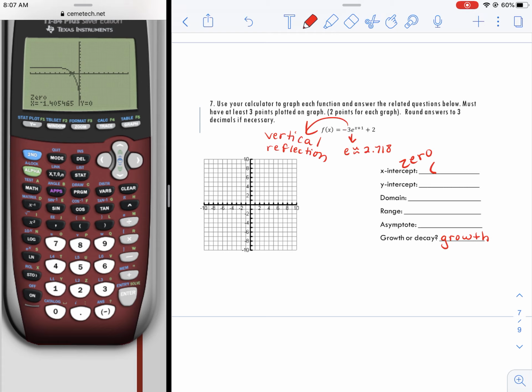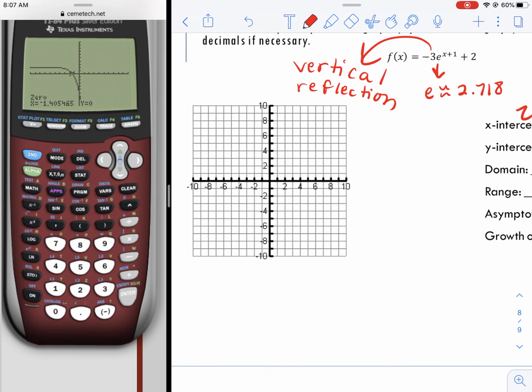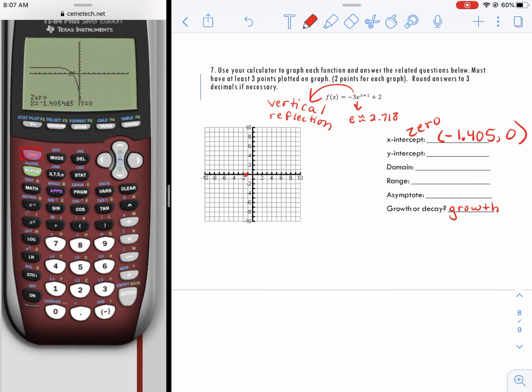Okay, we're going to round to 3 decimals, it says, so the x-intercept is -1.405, comma 0. Okay, so some of you keep saying there's no x-intercept, but if you see that it's crossing the x-axis, that is your x-intercept. So I'm going to go ahead and put that point right there.